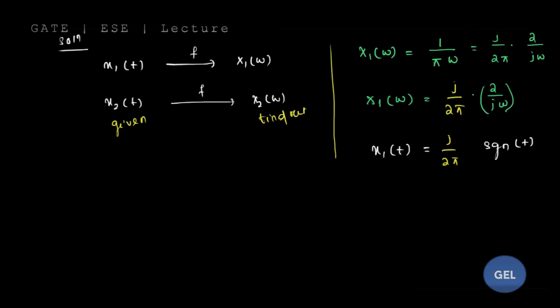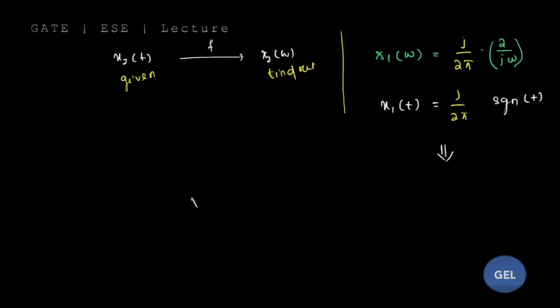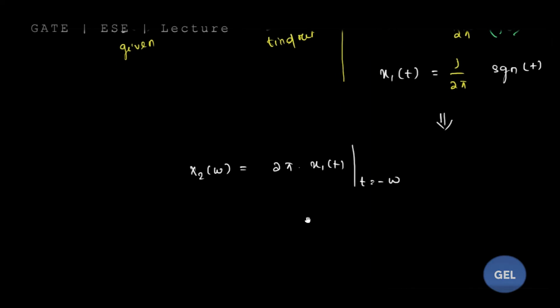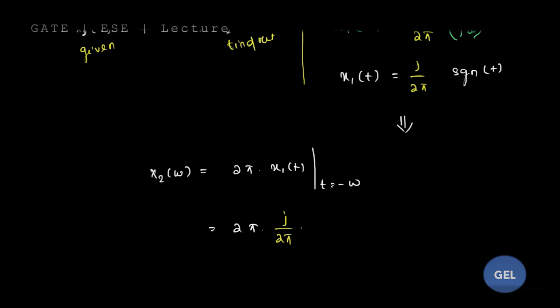So from here X2(omega) will be nothing but 2 pi x1(t) at t equals minus omega. This is your duality. So 2 pi into x1(t), j by 2 pi will lie as it is, and signum of, very important, minus omega.